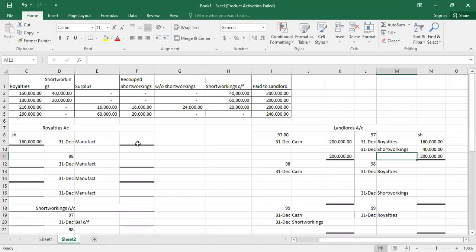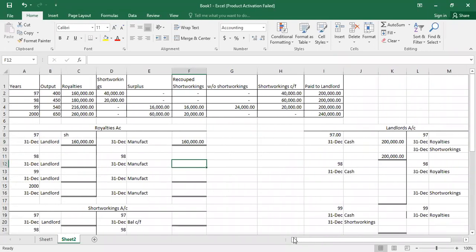We close it with the manufacturing account. So this will be 160,000, that is year 97, right? So our short workings account, we are supposed to come here and debit the 40. So this will be our balance to be carried forward in the year 1998.